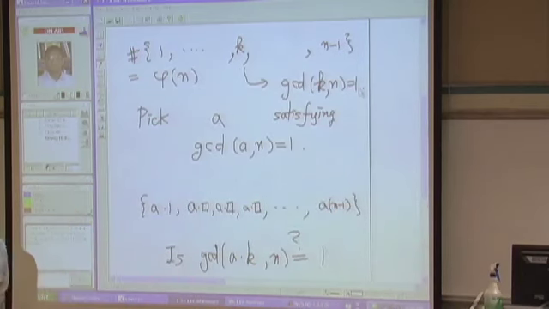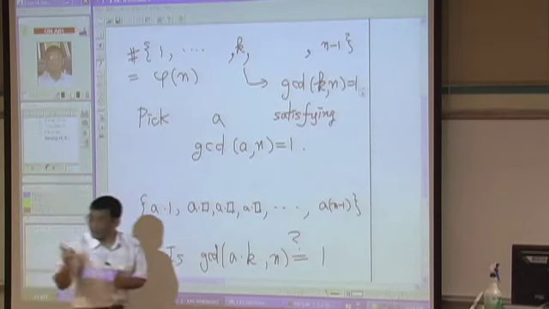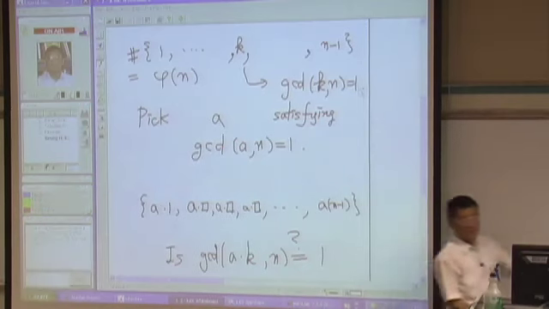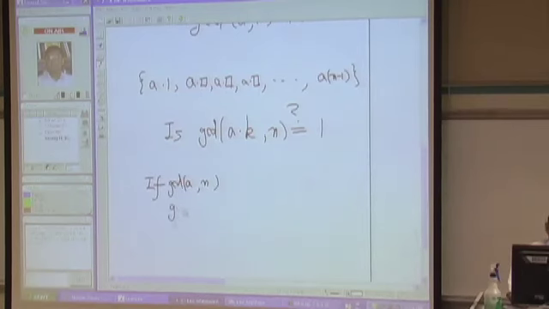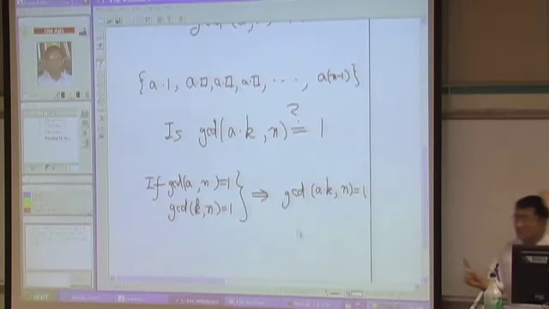Yes. Why? Because last time I proved the condition. Do you remember? If GCD of a and n is 1 and GCD of k and n is 1, then GCD of a multiplied by k and n is 1, and the other direction is also true.